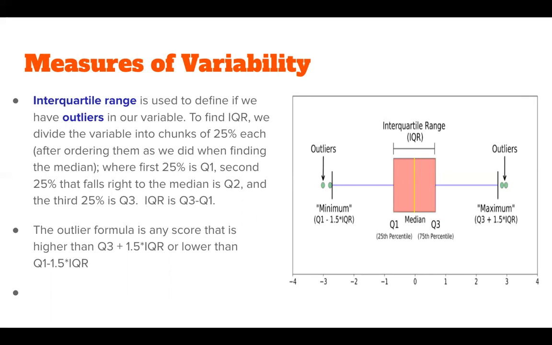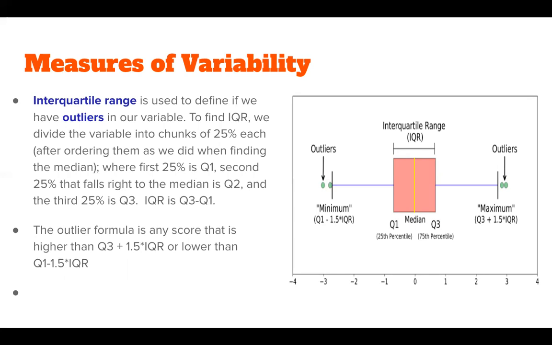The first 25% is Q1, the second 25% that goes right up into the median is Q2, and the third 25% is Q3. Q4 we don't really discuss, but that takes you up to your maximum data point. To find the interquartile range, we subtract the data point at Q1 from the data point at Q3. So what data point is at the 75th percentile and what data point is at the 25th percentile?